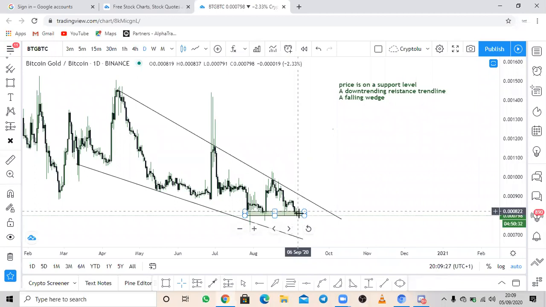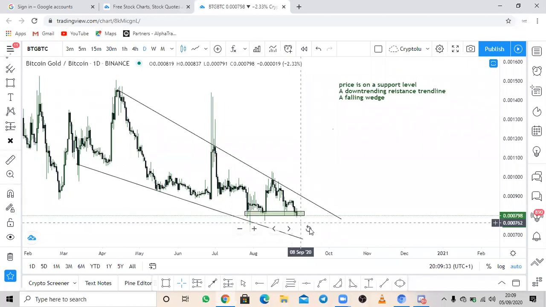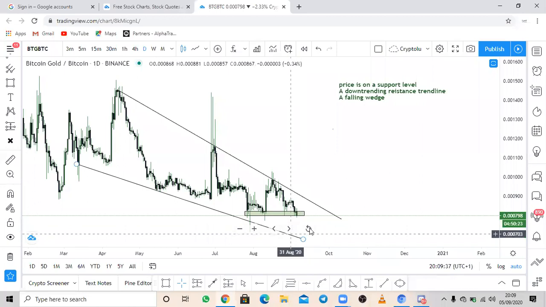Then if price should break through this level here and come all the way down here, then I can take a 50% entry again. So that means I've entered with $500 already.